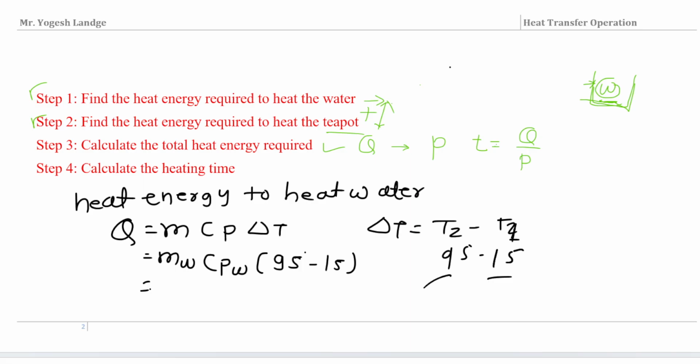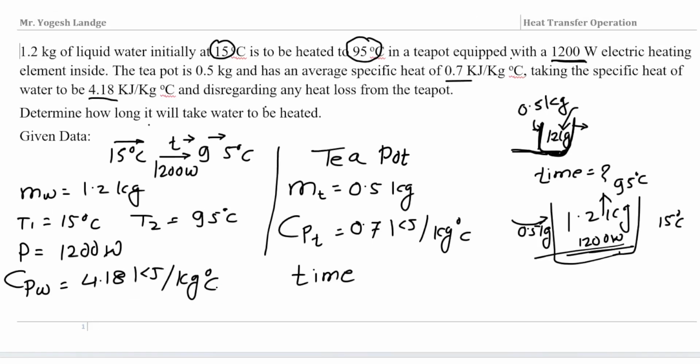Once we put in the values, the mass of the water is 1.2, and the specific heat given here is 4.18, which is in kilojoule per kg. So let's convert it into joule per kg degree Celsius by multiplying 4.18 by 1000, which gives joule per kg.